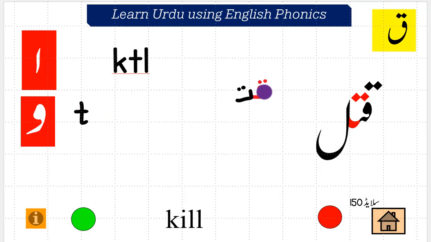There is a difference, and I hope you will notice the difference in shapes, so you can crack these shapes easily. Ka, tha. And what's the third sound? Ka, tha, l, katal. In Urdu we say it katal. Katal in English translates as kill, to kill someone. So that's how it goes.